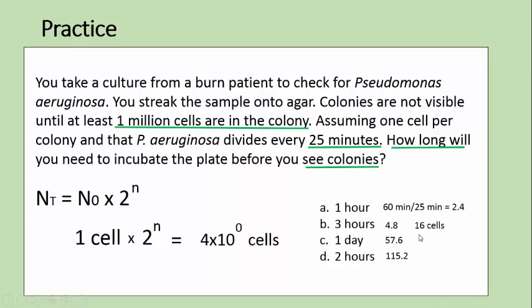Once again, because it's a small enough number, I'm not going to put 1.6 times 10 raised to the 1. But when we put in 57 for the N, we do get a ridiculously big number, and it's way more than 1 times 10 to the 6th. So this would be your correct answer. I wouldn't even go on to the 2 days.